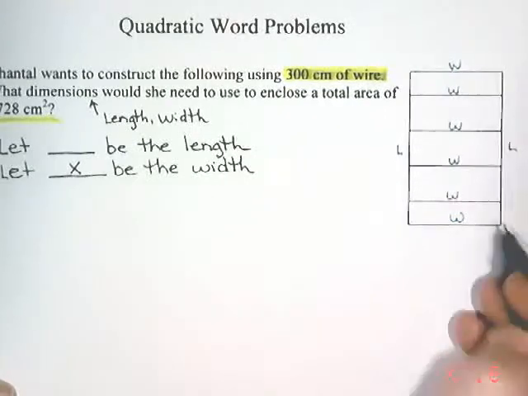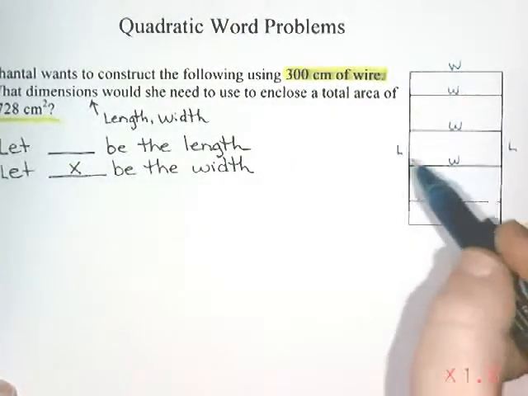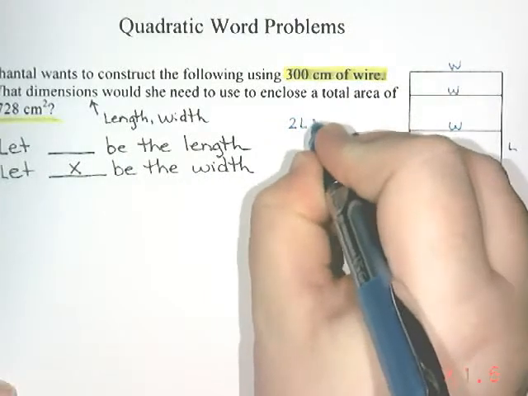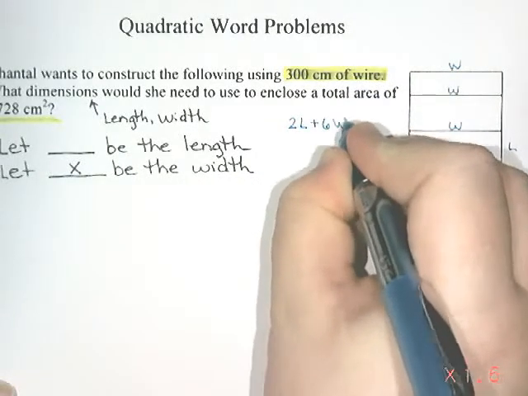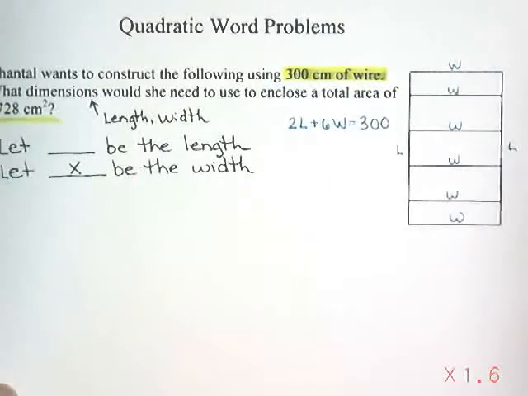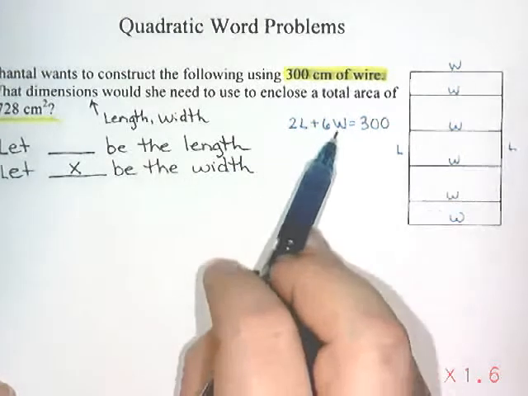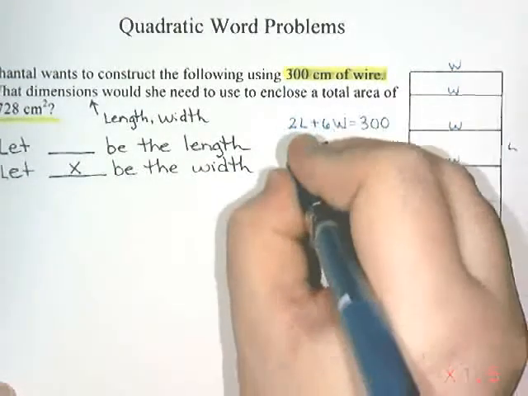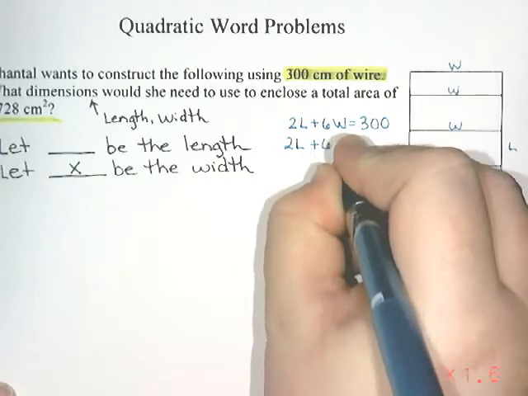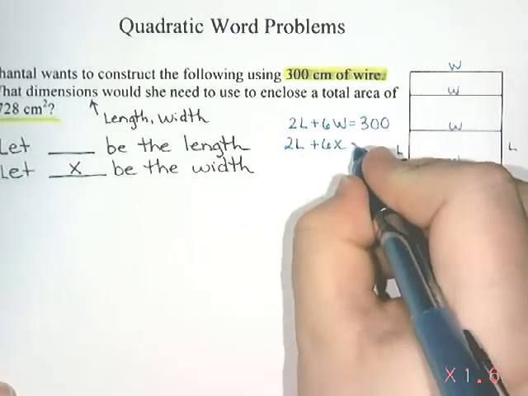So all together to build this shape would take 2 lengths and 6 widths. So 2 lengths plus 6 widths all together would use 300 centimeters worth of wire. Okay, we know that we're going to let x be the width, so this really is going to be 2 times the length plus 6x equals 300.